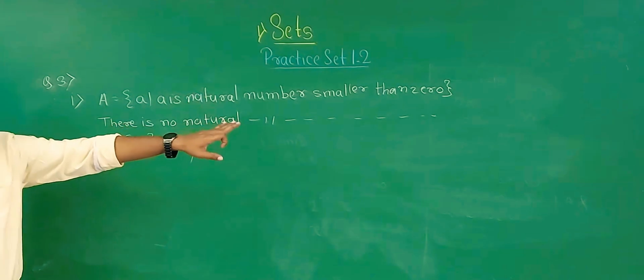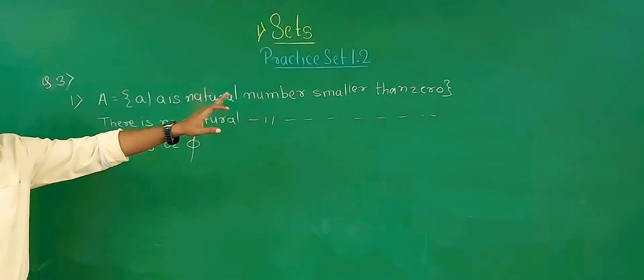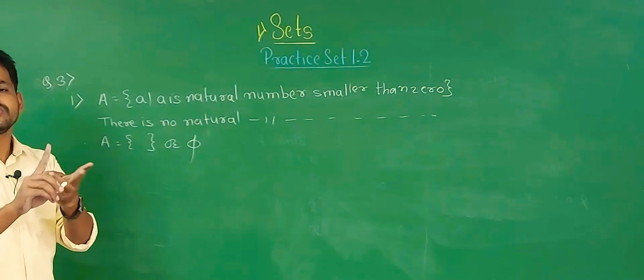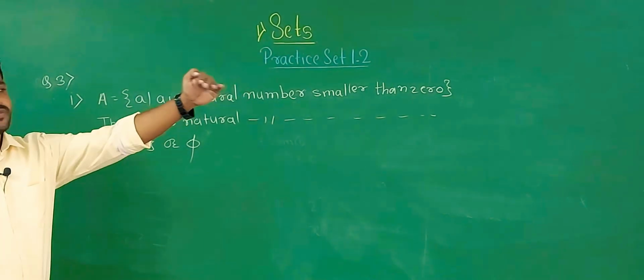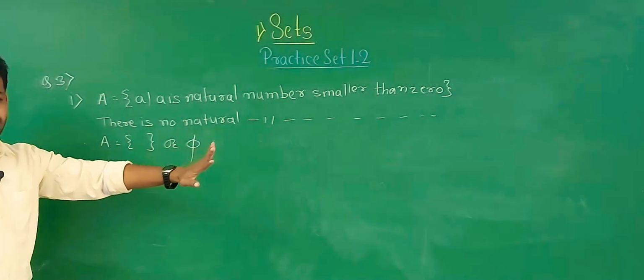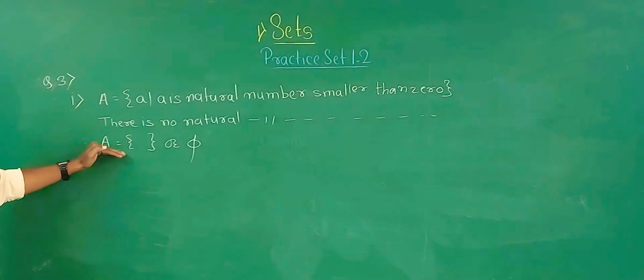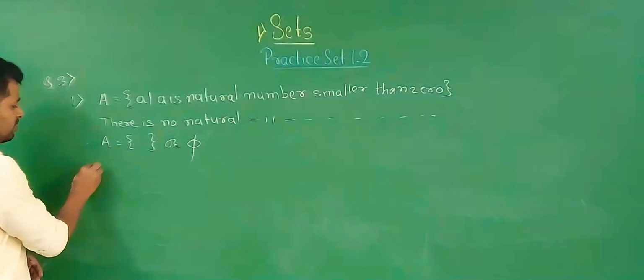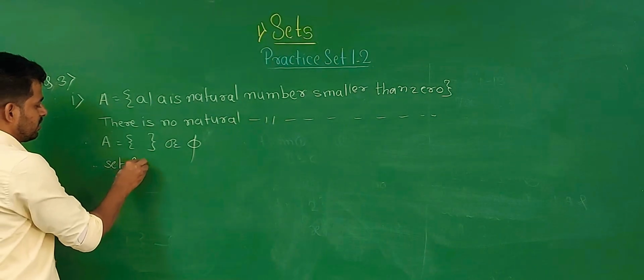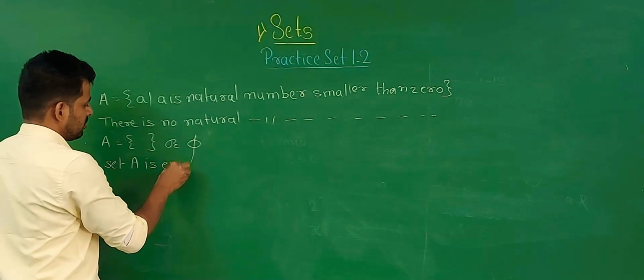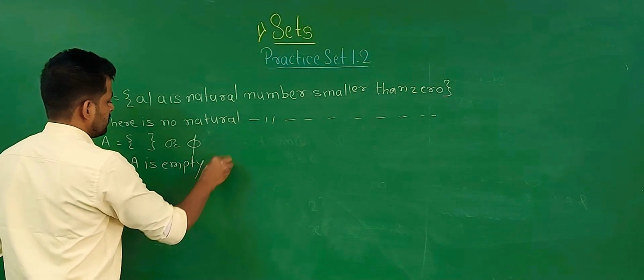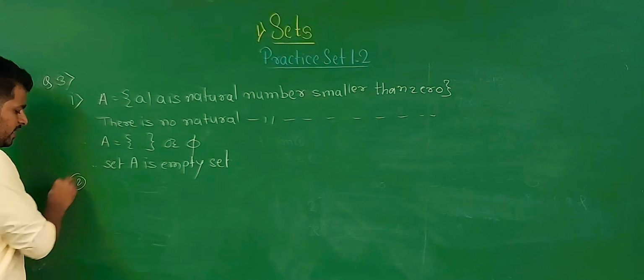There are no natural numbers less than 0, because natural numbers start from 1, 2, 3, 4, 5 up to infinity, which means less than 0 there is no number. That's why set A is an empty set. Therefore set A is the empty set.